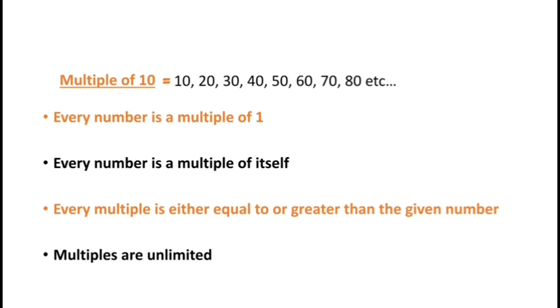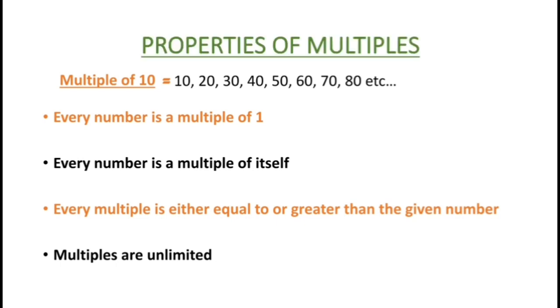What are these? Every number is a multiple of 1. Every number is a multiple of itself. Every multiple is either equal to or greater than the given number. Multiples are unlimited. These are the properties of multiples.